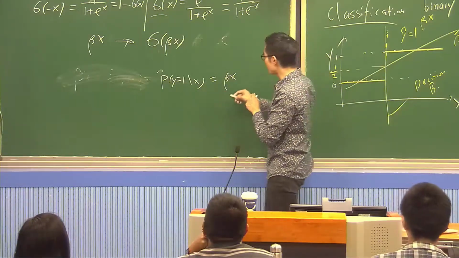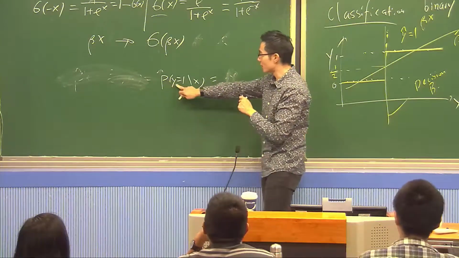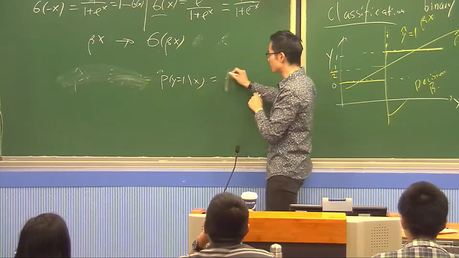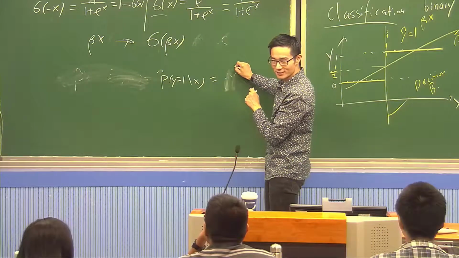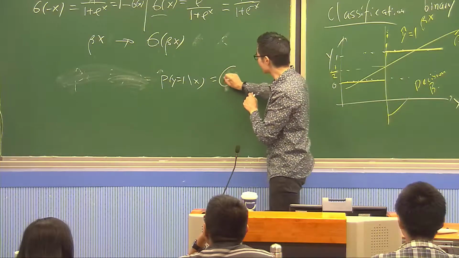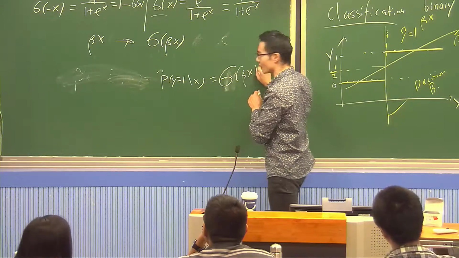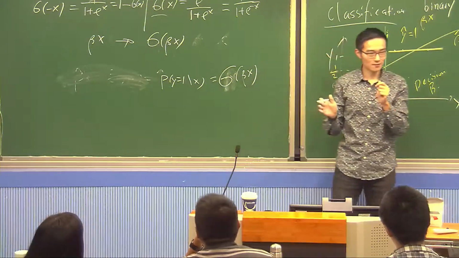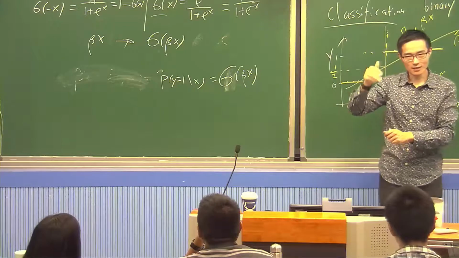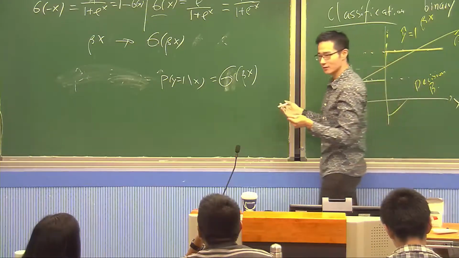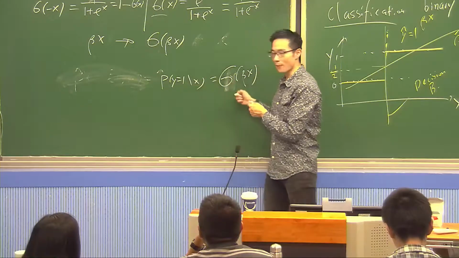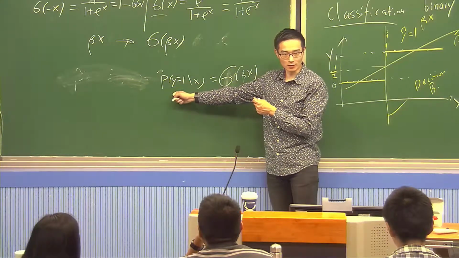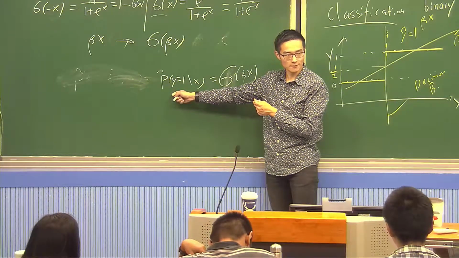Instead of doing this, I'm assuming the probability of y equal to 1 given x is equal to something between 0 and 1: sigmoid beta x. Okay, so very simple. Beta x is unbounded. I just change it into sigmoid beta x, something that's between 0 and 1. And that is a proper probabilistic model, a model of probability.